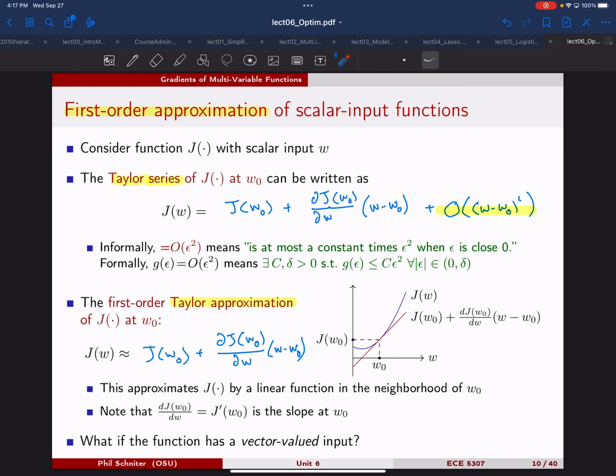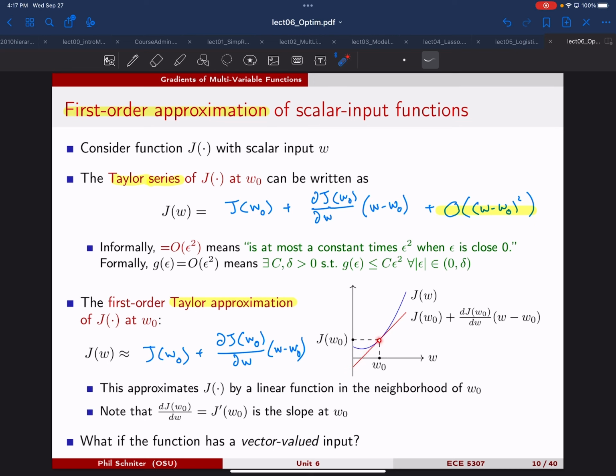Okay, great. So this is the Taylor series. This is an equality. The true function, the complicated function, is exactly equal to this. But then we can also approximate that function just by throwing away all those higher order terms, and that gives us this simpler approximation. The approximation is just the constant term plus the linear term. So in this picture, J, the complicated function, would be this curve, and the simple one is the linear approximation.